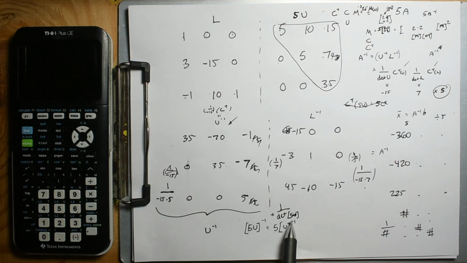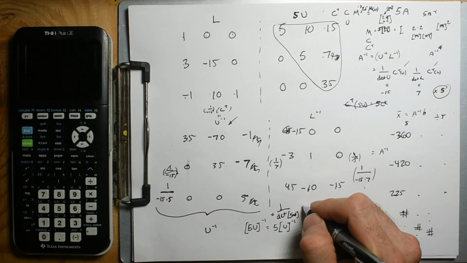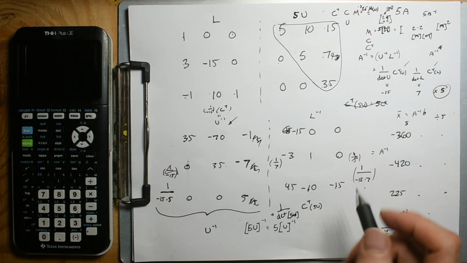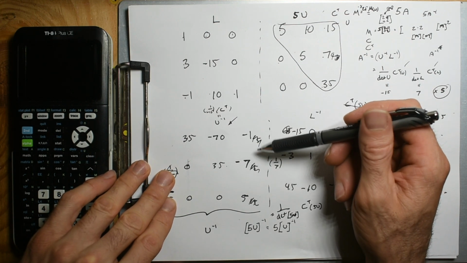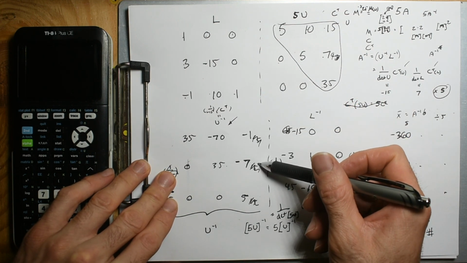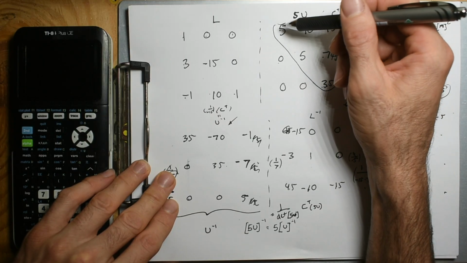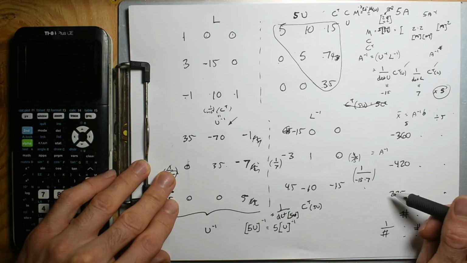So that's probably where we get that other divide by 5, because the inverse of any matrix is 1 divided by the determinant of that matrix times the adjoint of that matrix, and that's going to be the matrix transposed of 5U. So sure, we found the matrix transposed of 5U. That's what this was. But the determinant of 5U is now 5 times 5 times negative 35.